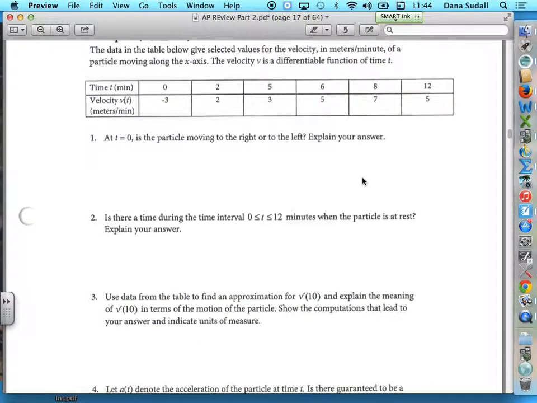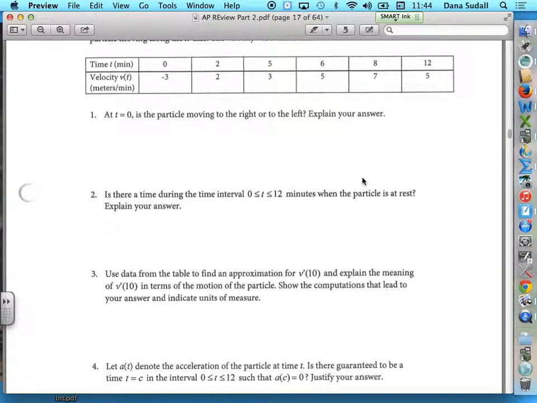the velocity. So what's v of t going to be? Actually, it's acceleration, v prime of t, and explain the meaning of v prime of t. So v prime of t, if we find that value, that's going to be change in the velocity divided by change in the time. At time is t. We don't have a point for time is t, but we have a value for larger and smaller than that.